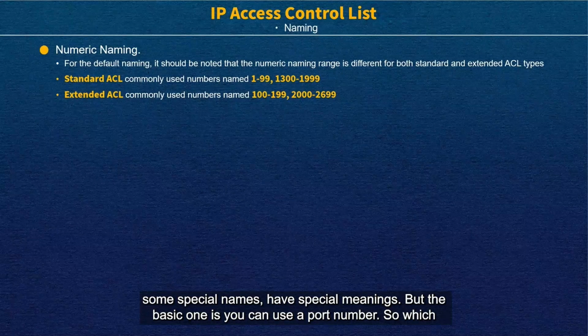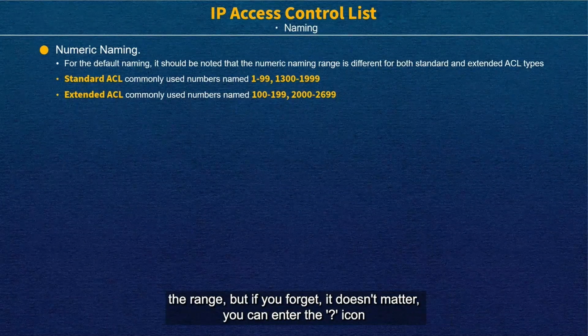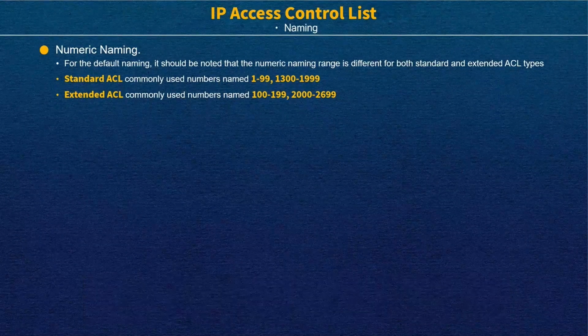So which range belongs to standard ACL, which range belongs to extended ACL, you have to remember the range. But if you forget, it doesn't matter. You can add the question mark, and then it will give you some tips about what the standard ACL is and what the extended ACL is.